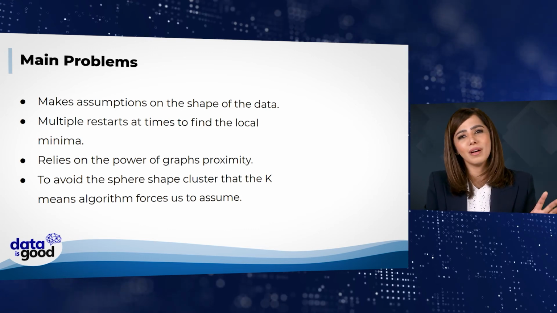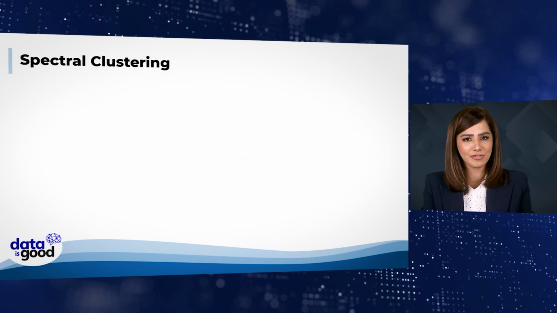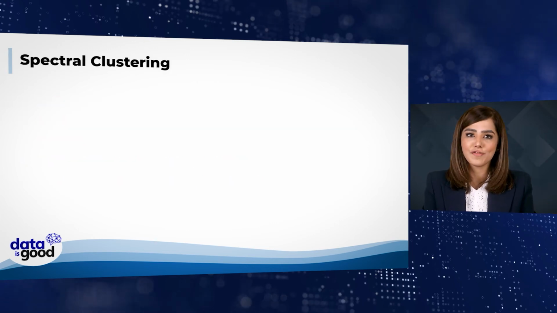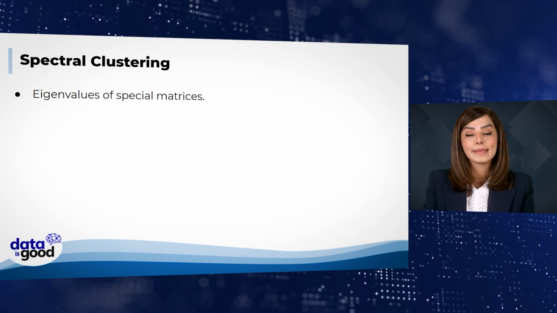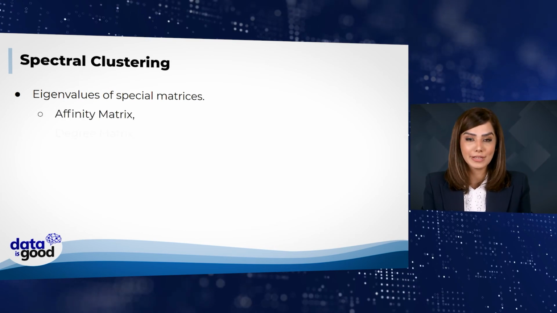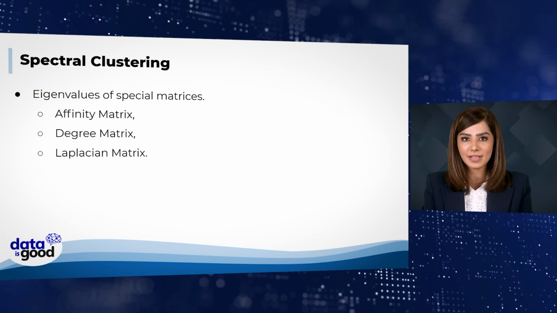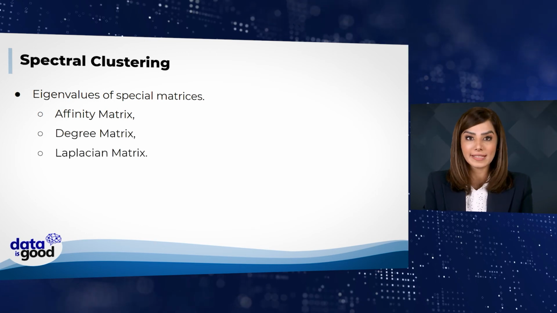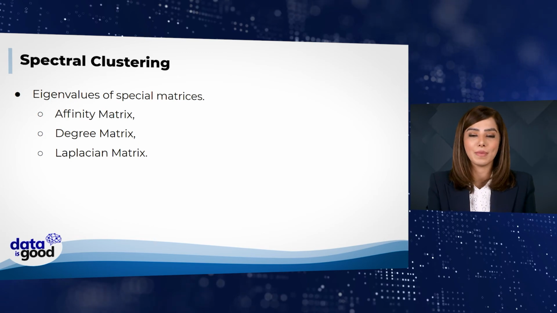Now, if you remember, we had already discussed that spectral clustering uses information from the eigenvalues, that is, the spectrum of special matrices, which are affinity matrix, degree matrix, and Laplacian matrix, derived from the graph or the data set. Now, let's try to understand them one by one.